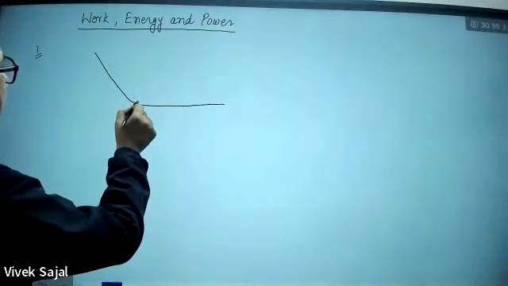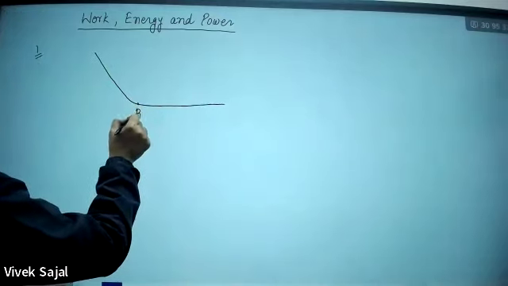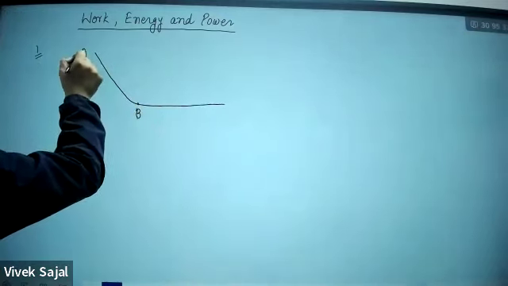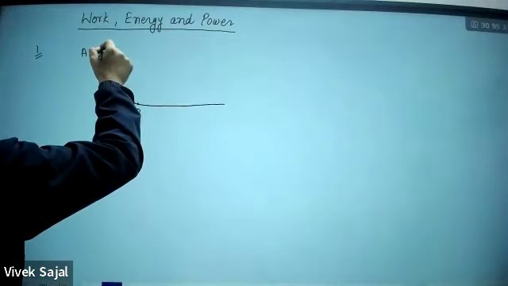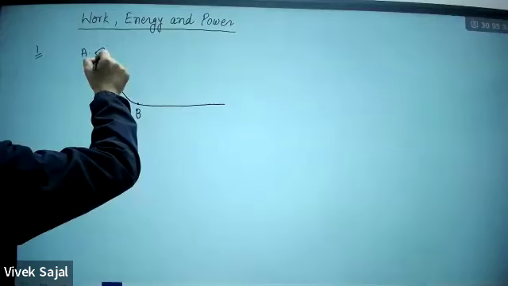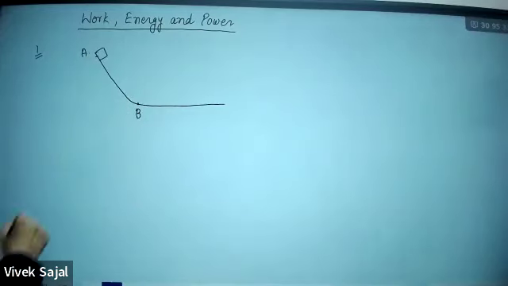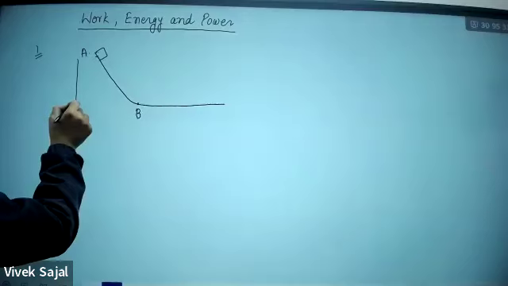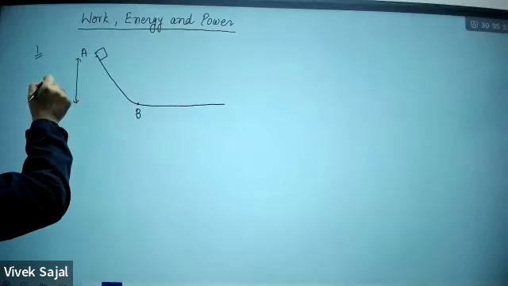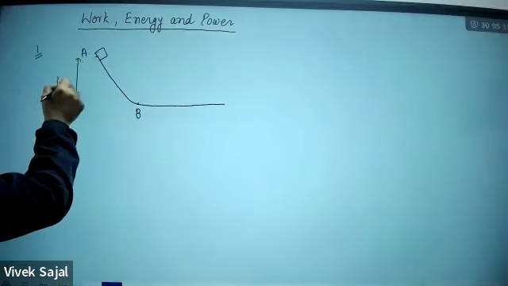This is the horizontal part here. This is B. This is point A, and a block is here. The block is released from here, and the height of the block from the ground is given as 1 meter.